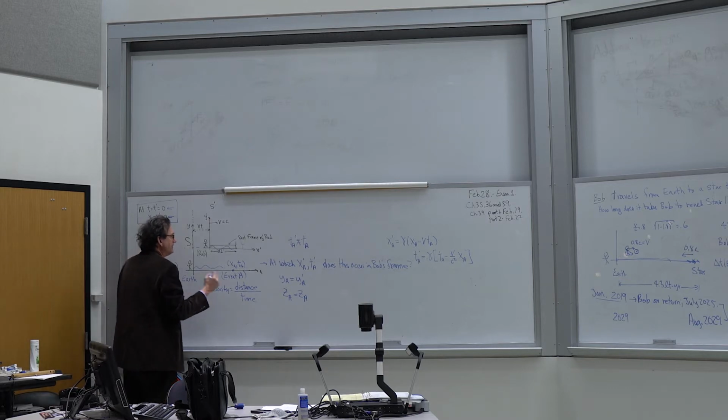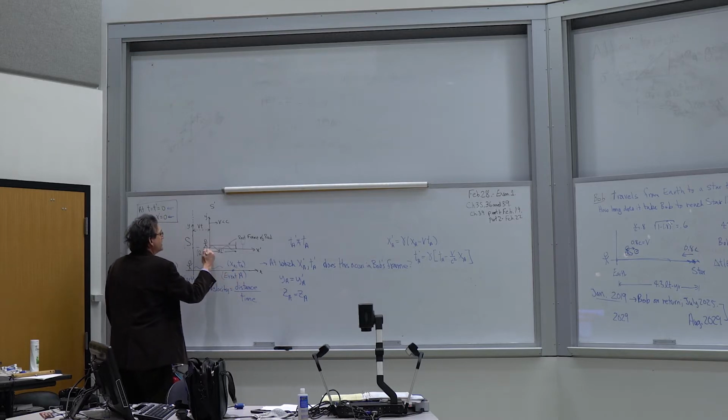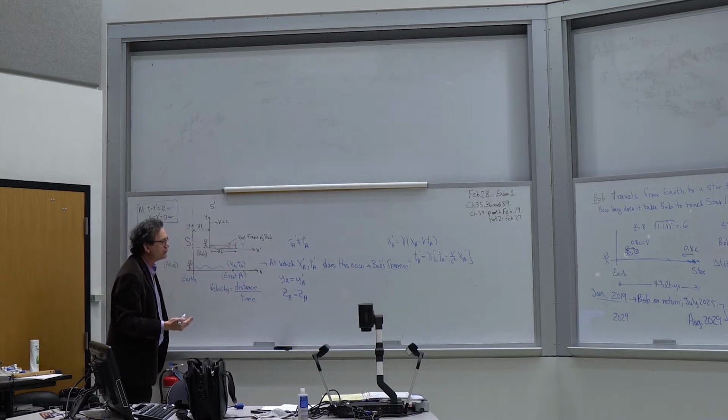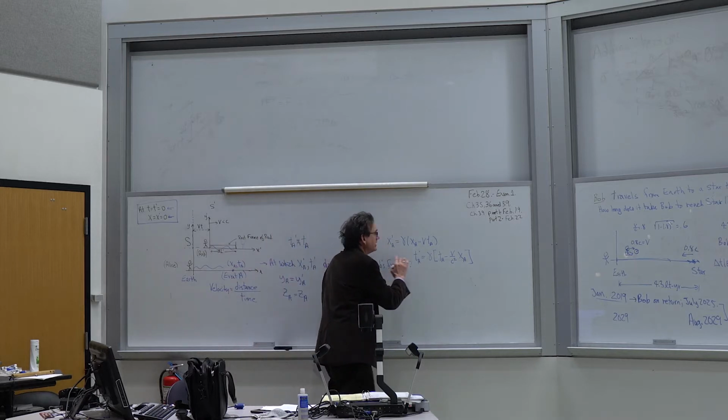So the derivation is based on relating the two by using a light beam expanding out from the origin, and I'm going to be able to relate these two coordinates together. Now, we're not going to do that. We're going to give you the answer, and the answer is stated right here.